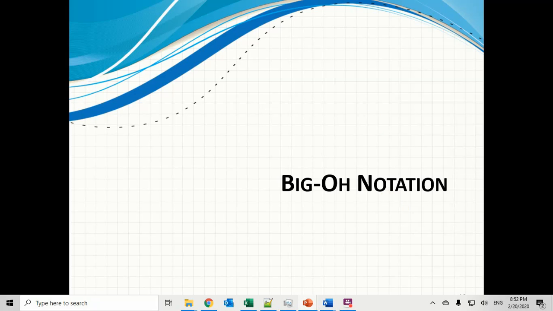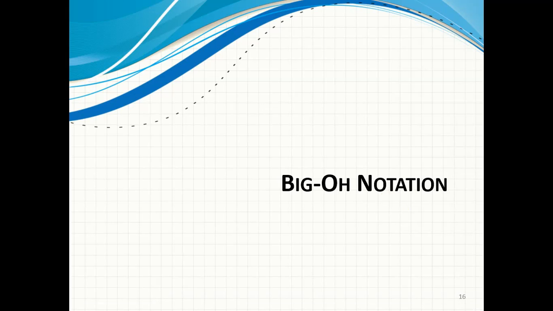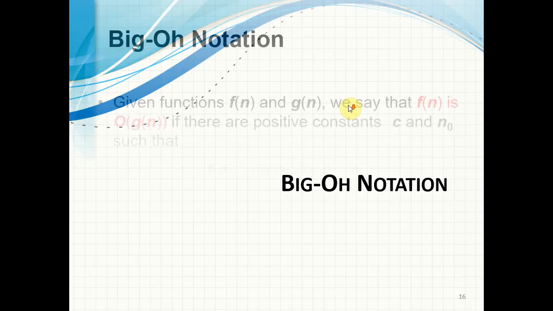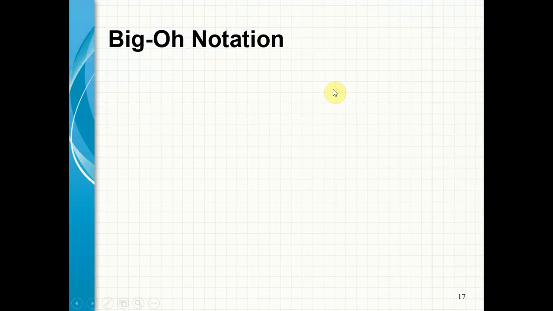Let's see the notation for showing the complexity, which is called Big-Oh notation. Now let's see the idea of Big-Oh notation first.